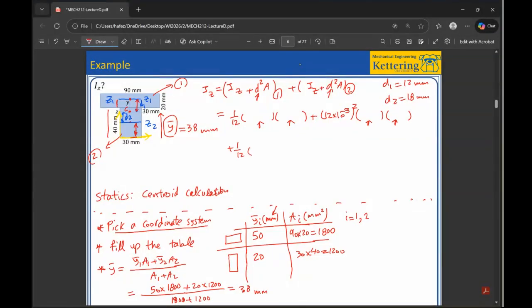Repeated for the bottom piece, base and height, and 18 is d2. Base and height of the upper piece are 90 and 20, so put them here.